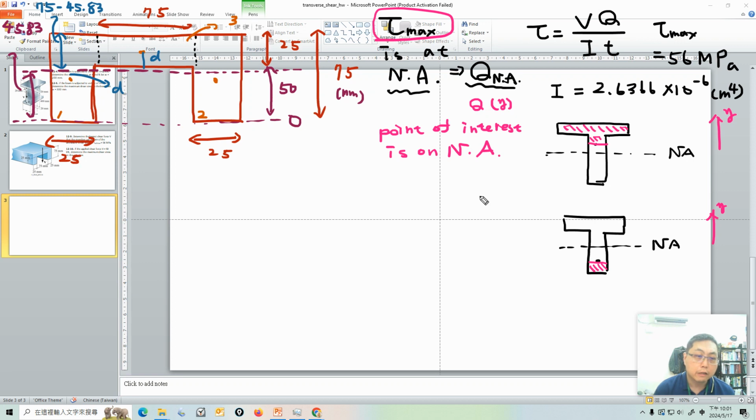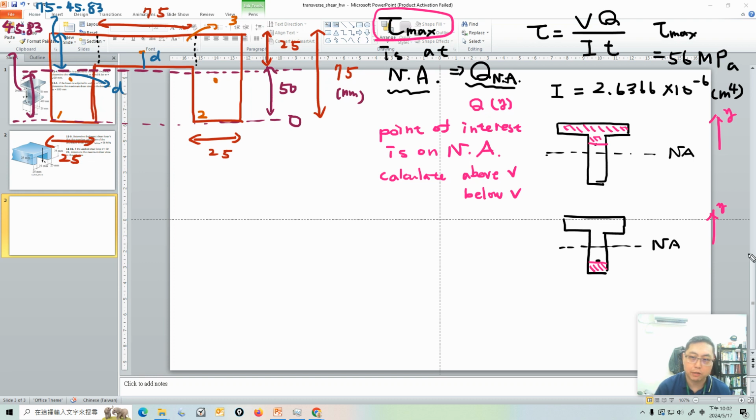If the point of interest is right on the neutral axis, you can calculate above or below the point of interest. Both are okay. You can calculate Q above the point of interest or below the point of interest, and the value will be the same.